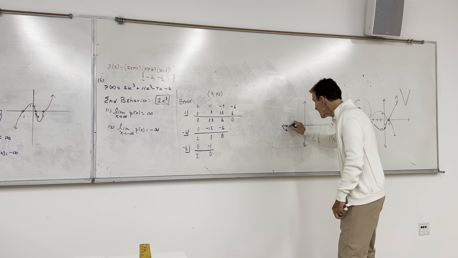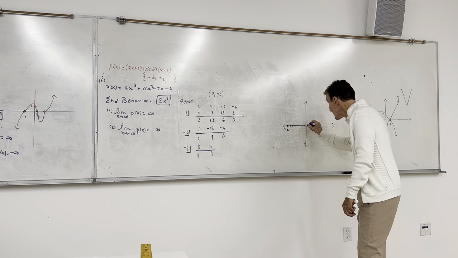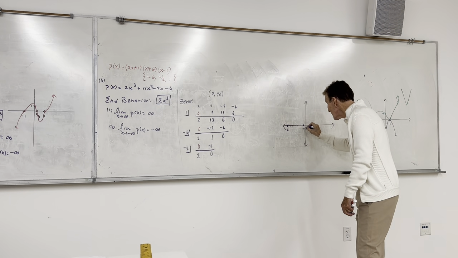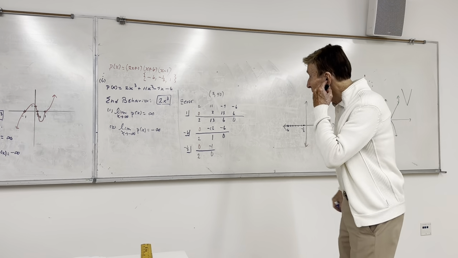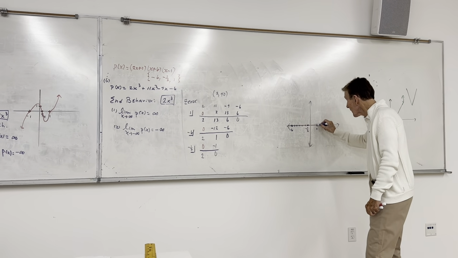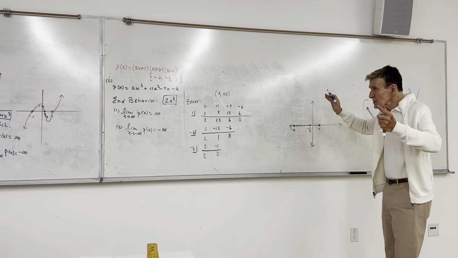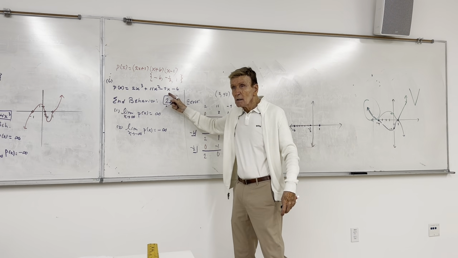There's an x-intercept. -1/2, right in here. I'll mark this, -1/2. 1, here. By the way, as I'm picking up the intercept, can anyone look at this real quick and tell me where the y-intercept is? It's -6.